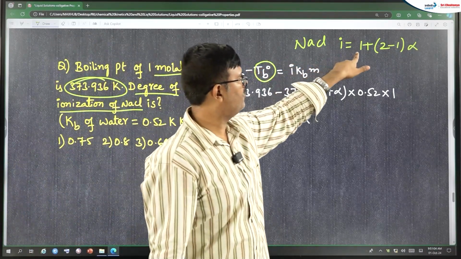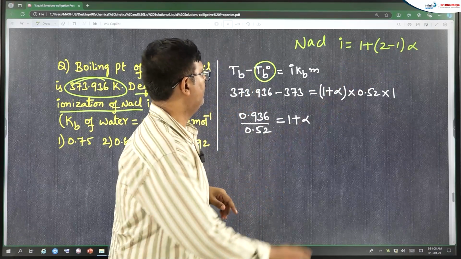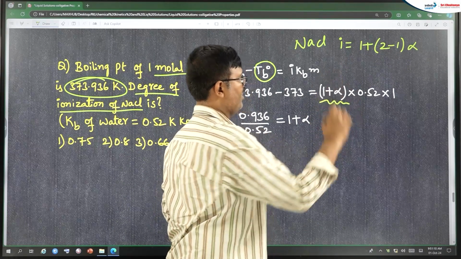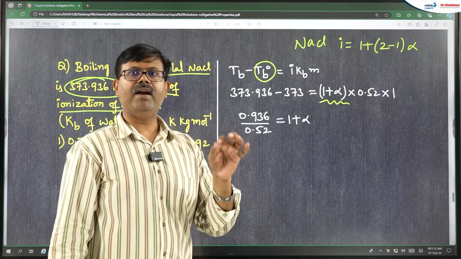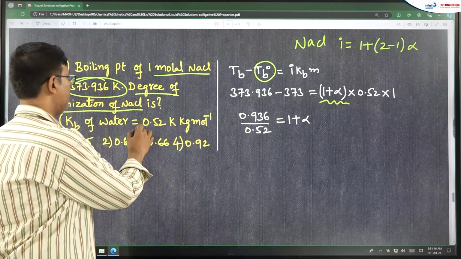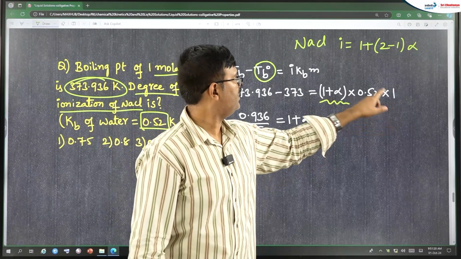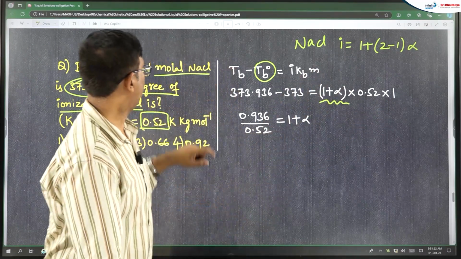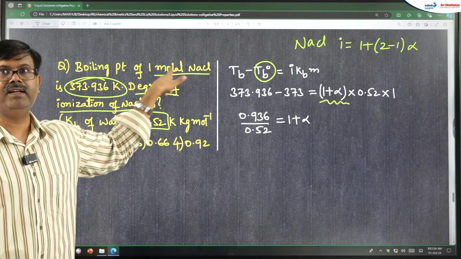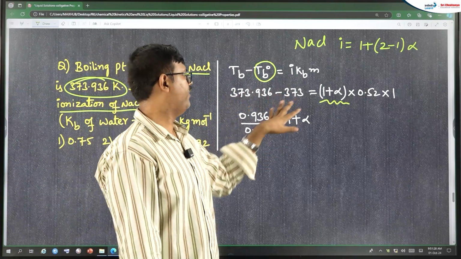So it comes out to be 1 plus 1 alpha. This is the Van't-Hoff factor into Kb. Kb is also given in the question, 0.52, into molality. Molality is given as 1 molal. Substitute that.